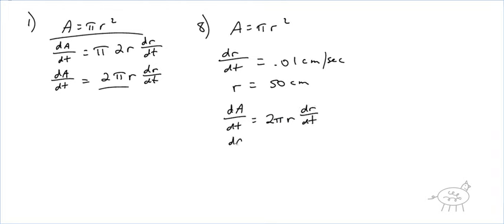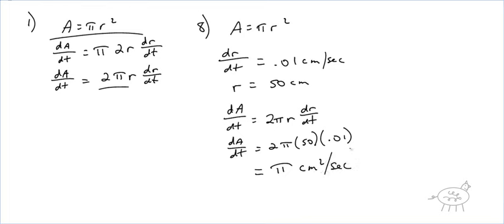And now we plug it in. dA dt equals 2 pi times 50 times 0.01. The 2 and the 50 and the 0.01 all cancel out, and we just get pi centimeters squared per second. Because they're asking at what rate is the area increasing, that's why it's square centimeters per second. Okay, so that's our answer.